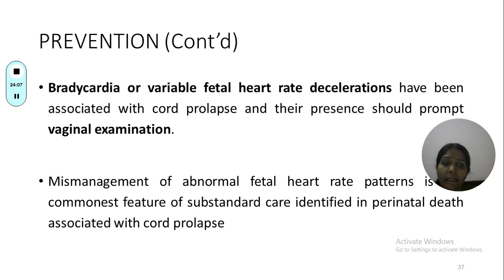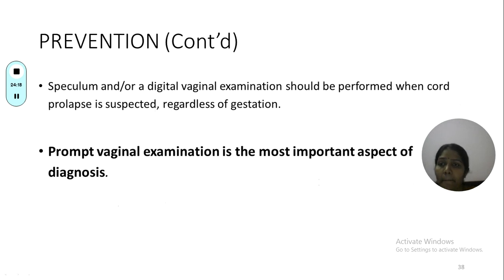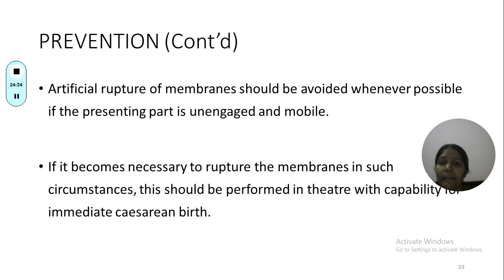Mismanagement of abnormal fetal heart rate patterns is the commonest feature of substandard care identified in perinatal death associated with cord prolapse. Speculum or digital vaginal examination should be performed when cord prolapse is suspected, regardless of the gestational age. So for the diagnosis, prompt vaginal examination is the most important aspect.